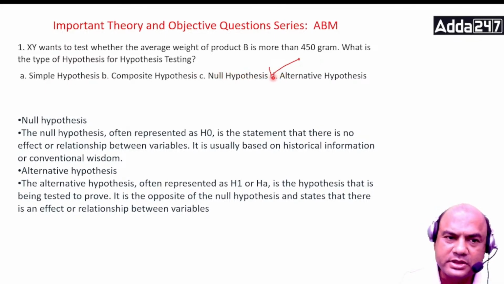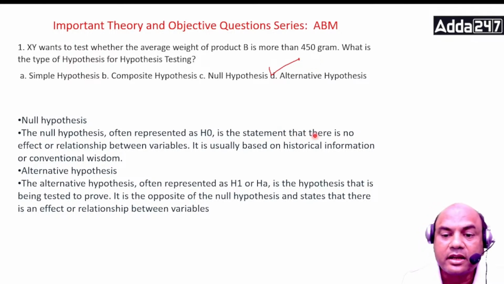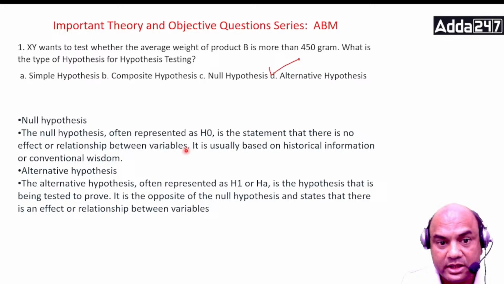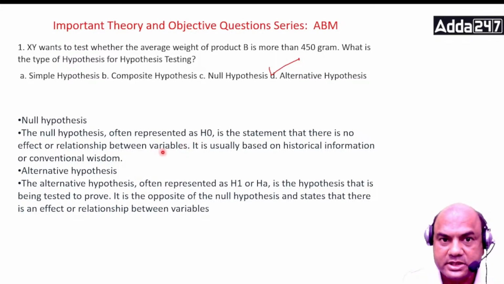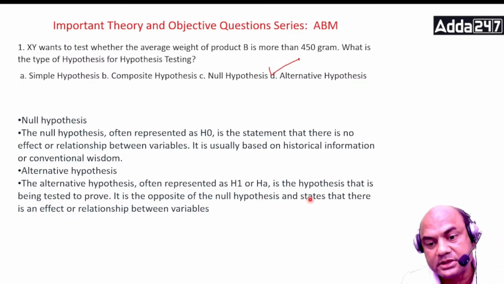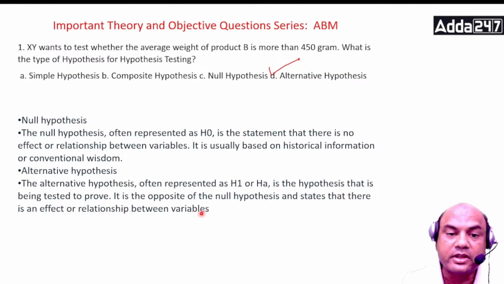What is the meaning of this null hypothesis? It is often represented as H0. It's the statement that there is no effect or relationship between the variables. Null means there is no effect or relationship. And what is the alternative? It represents H1 or HA. It is a hypothesis that is best tested to prove. It is opposite of the null hypothesis and states that there is an effect or relationship between the two variables.